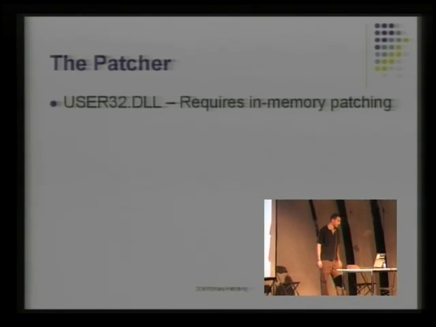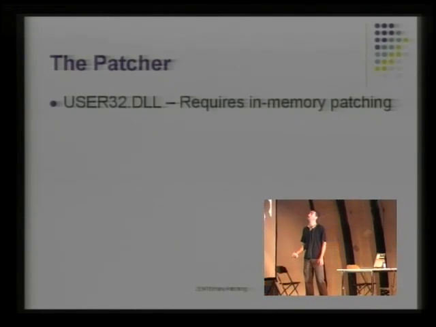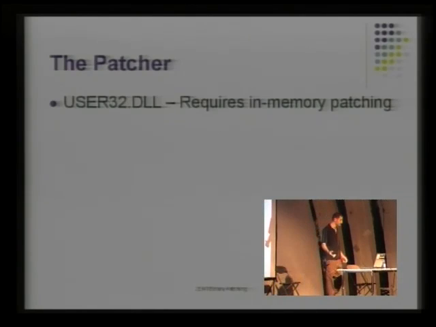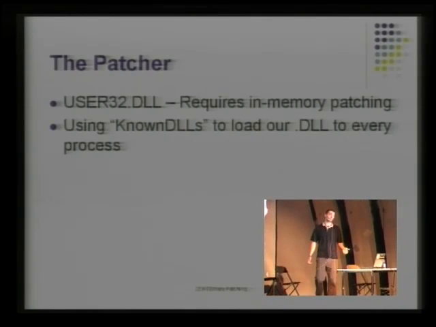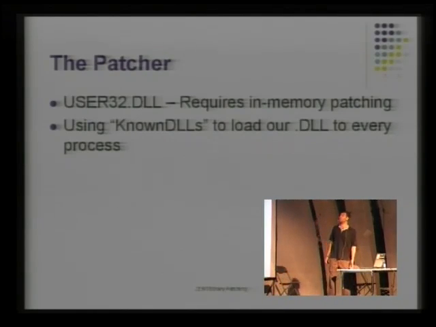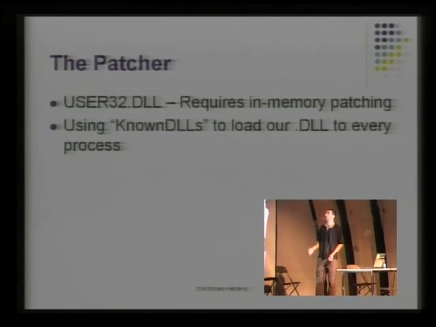So about the patcher. So this time we have to patch user32 DLL, and this DLL can be found in all processes, of course, at least the GUI ones. And therefore it requires a memory patching. So instead of going against the Windows file protection, all I had to do is use the AppInit_DLLs.